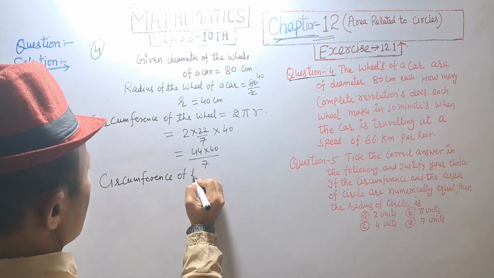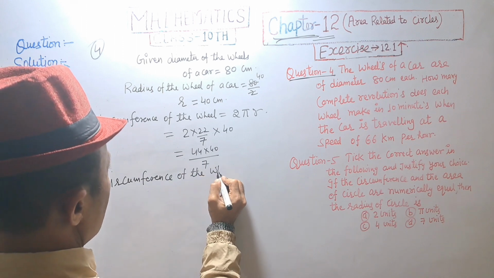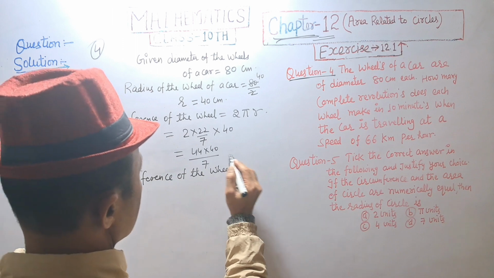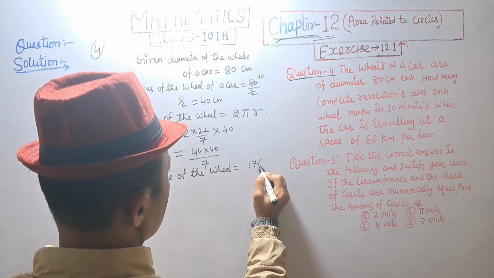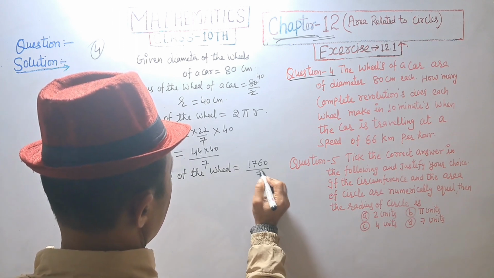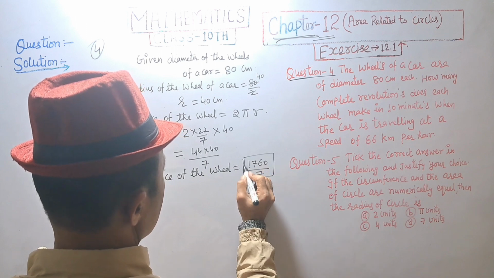Circumference of the wheel is equal to 1760 divided by 7.